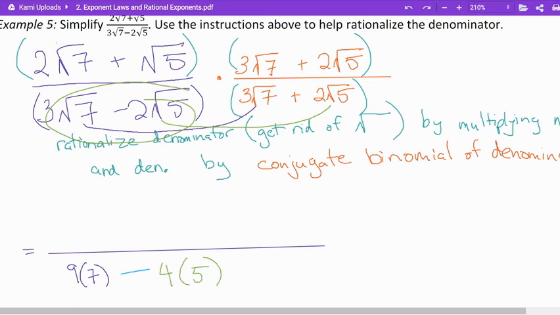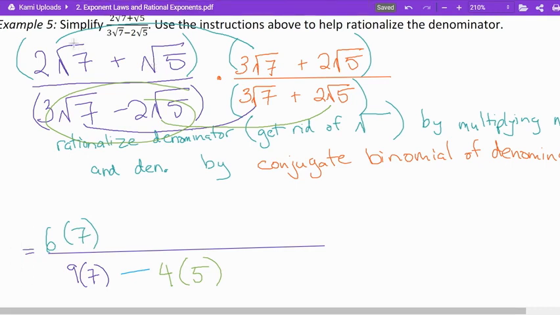Okay, Sebastian, can you take me through these two terms? First, multiply the coefficients. Now multiply the two radicands. Yes. Now, if I have root 7 times root 7, since they're identical, I can just write 7. So instead of the root, I'm just going to write 7. Is that good? Okay.